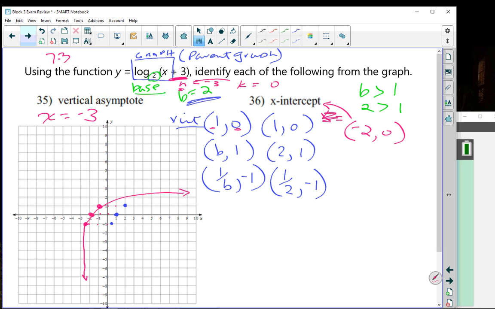Now I could do this. If I know that my x-intercept is 1 and I have to move 3 units to the left, what can I do? I can just add those two, right? Which gives me -2.